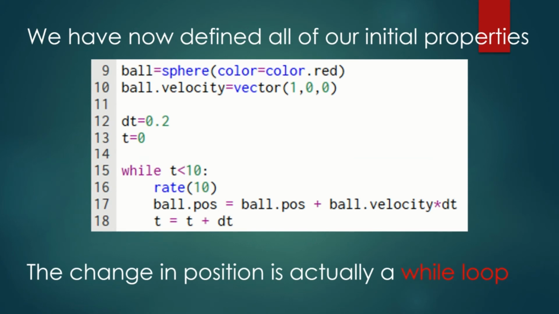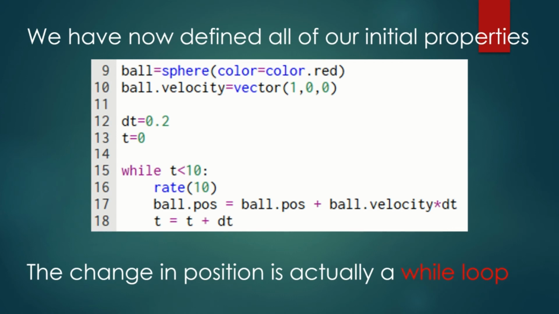So we're going to go for less than 10 seconds. So when this turns to 10 seconds, then we'll stop. So while time is less than 10, as long as our time does not equal 10, the ball position is going to equal the ball position plus the ball velocity times the time. So we're going to be updating our position every 0.2 time periods by however fast our ball is moving.